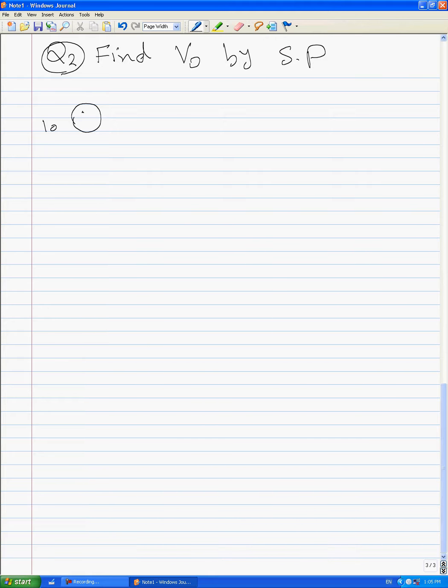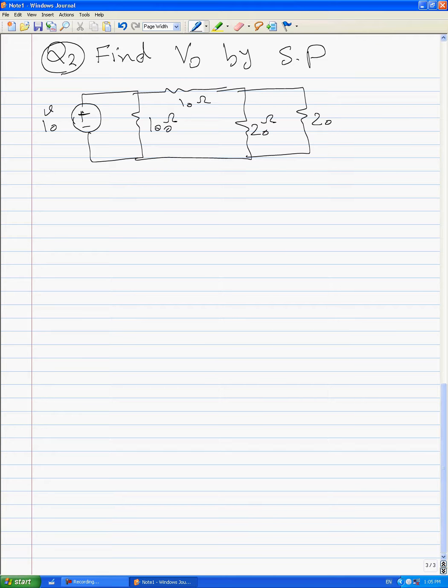We have 10 volts here and 100 ohms here, and 10 ohms here, and 20 ohms here, and again 20 ohms here, and 5 amps here. The goal is to find the output voltage here.